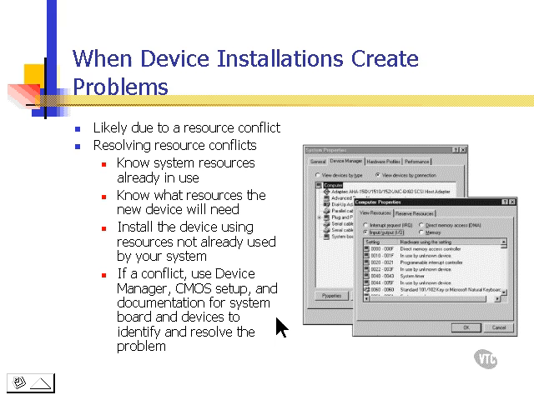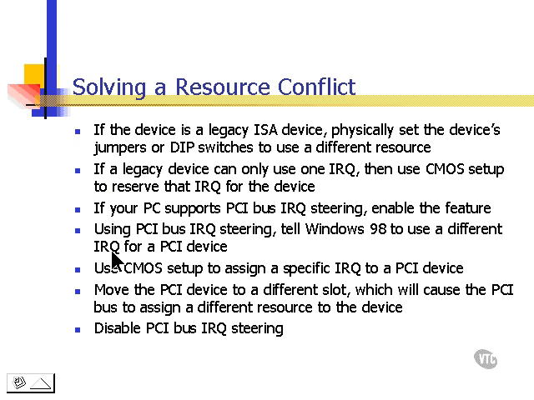Some other guidelines are that if the device is a legacy ISA device, then we need to physically set the device's jumpers or dip switches to use a different resource. In other words, if it's an older ISA card and we need to change the resources that it's going to use, this is going to involve setting jumpers or dip switches.